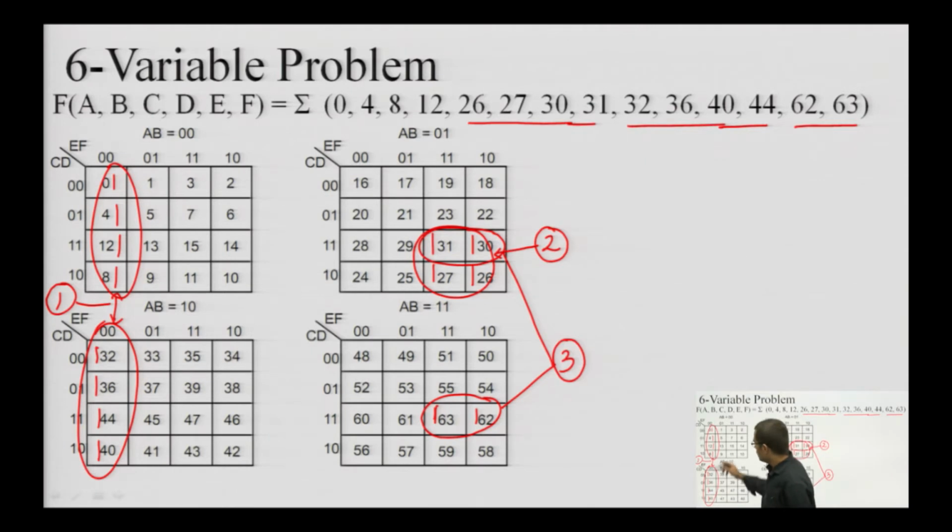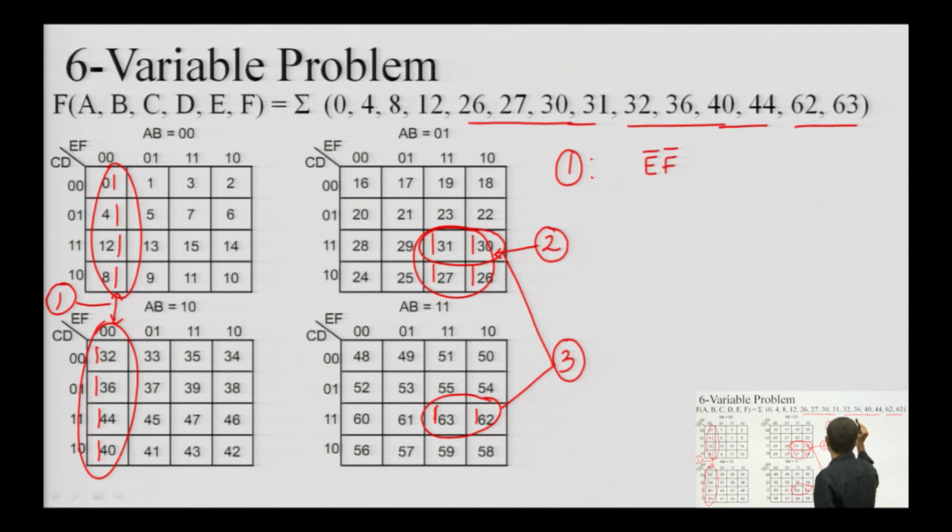So, we can check that this corresponds to EF equal to 0 0. So, from this first K map, the first group will provide me an answer E bar F bar, and also it has AB equal to 0 0, AB equal to 1 0.